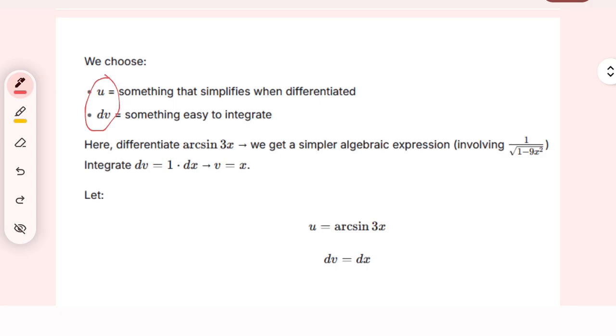In this case, my u is arc sine 3x. What is my dv? My dv is the only one that's left in there, which is actually 1 dx, or dx.